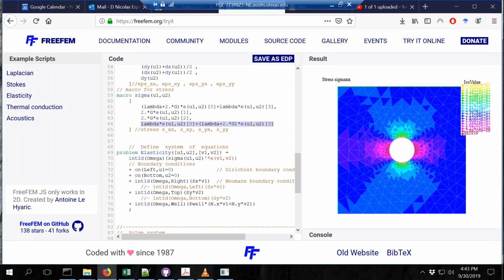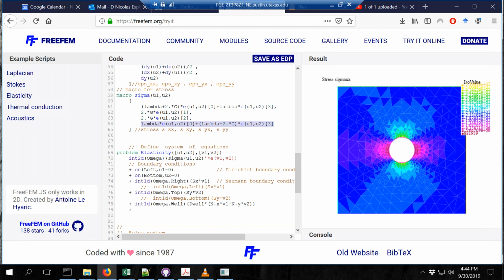It's just the modulus times the strains. For example, if you wanted to expand this code for anisotropy, this is where you have to modify the equation in order to add the coefficients that will correspond to anisotropy.